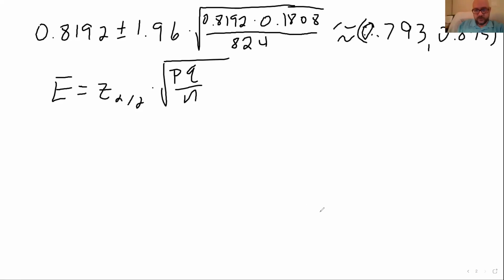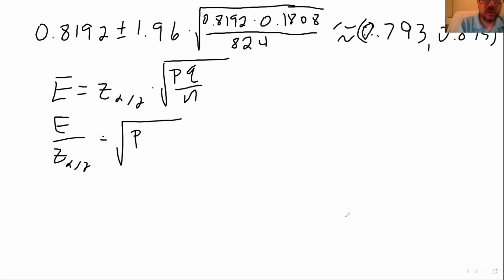Yeah, so let's go ahead and solve for n here. So it's going to be basically the same way we did before. E over z alpha over 2 is the square root of pq over n. When I say did before, what I mean is a couple of videos back when we did a very similar problem. I'll square both of those.